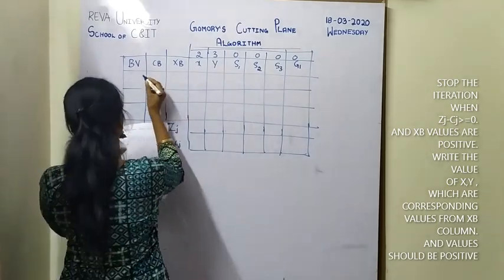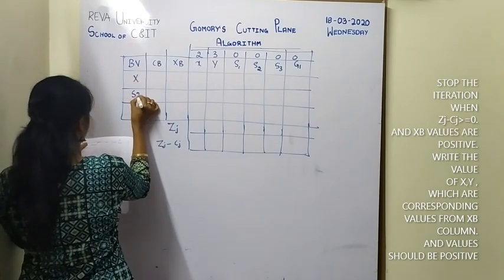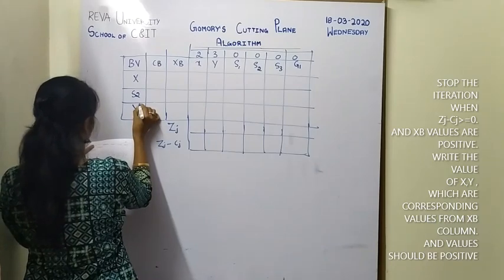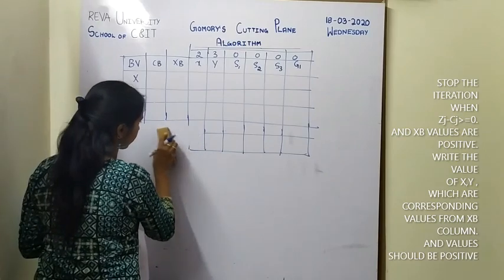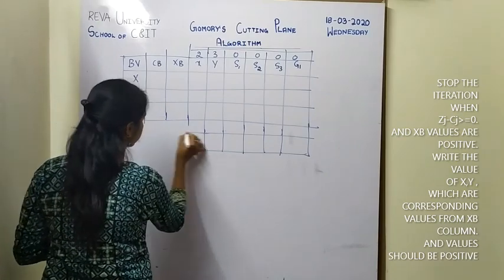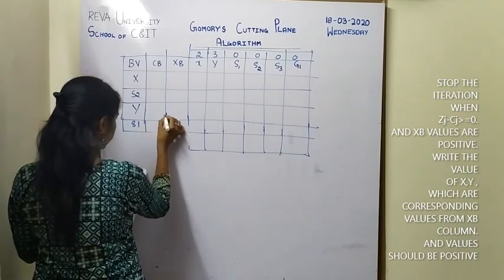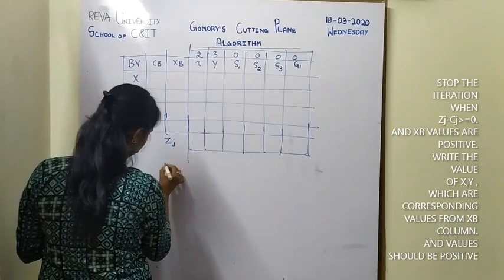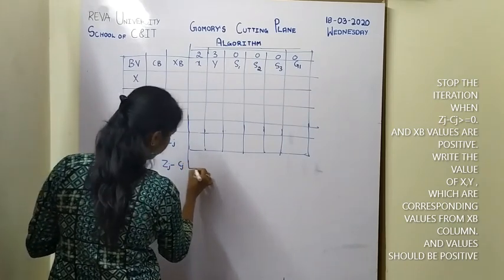So I'll directly write the values x, s2, y, and we need here one more column, s1, and this is for zj, and one more column will be zj minus cj.